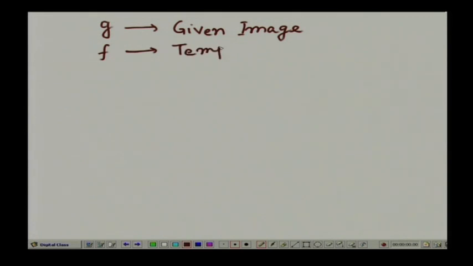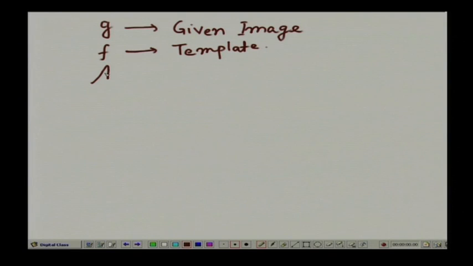So, we have the given image G, and we have the template F. We have to find out the measure of similarity between a region of the image G and the template F. There are various ways in which this similarity can be measured, so that we can find out the match between F and G over a certain region, say given by A. One of the similarity measures, the simplest, is that we take the difference of F and G.